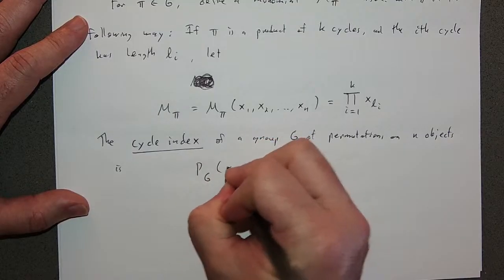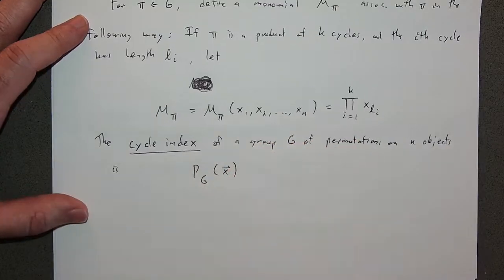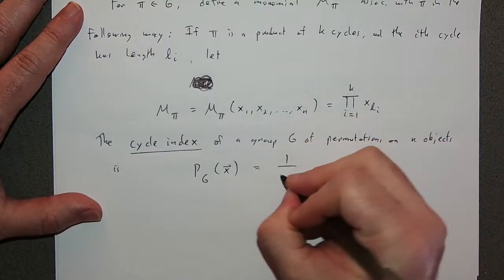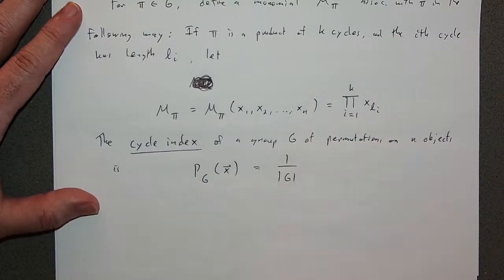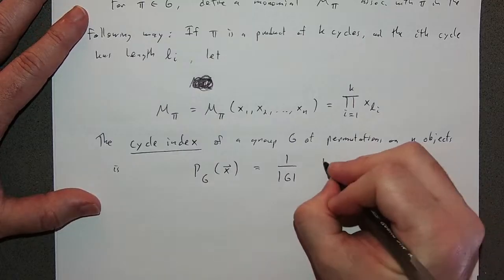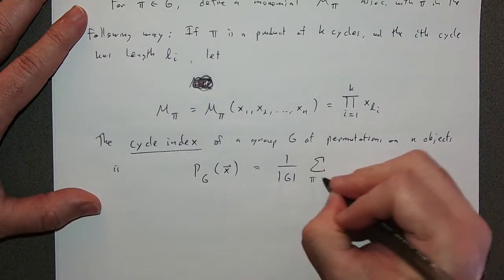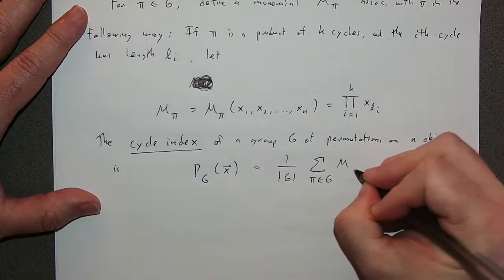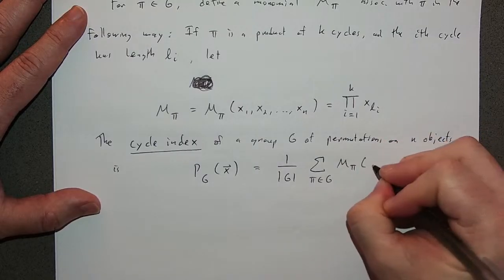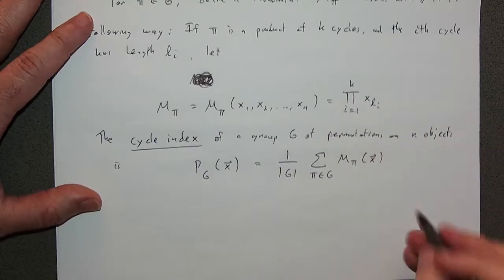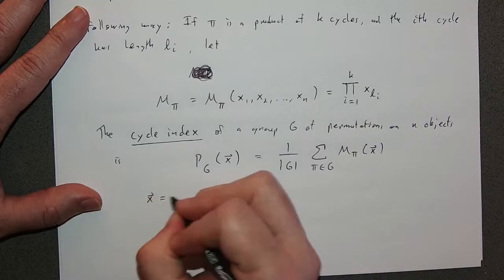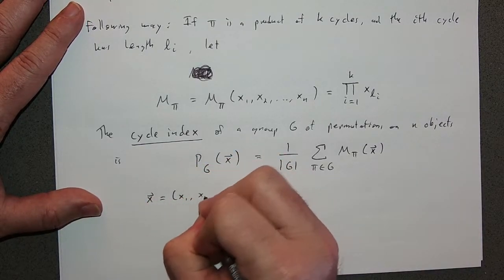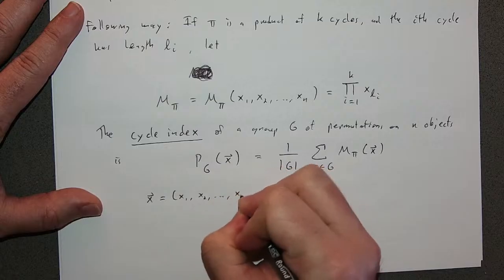It's defined as P sub G of the vector x, which is 1 over the size of G times the sum over all permutations pi in G of these monomials we defined above, where x is the vector x1, x2 out to x sub n.